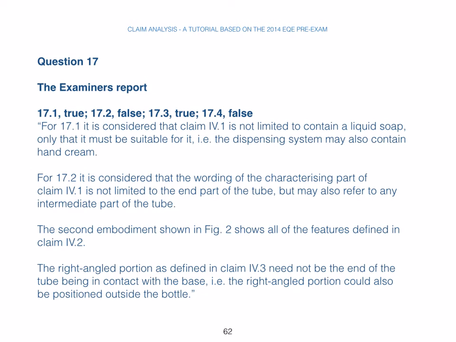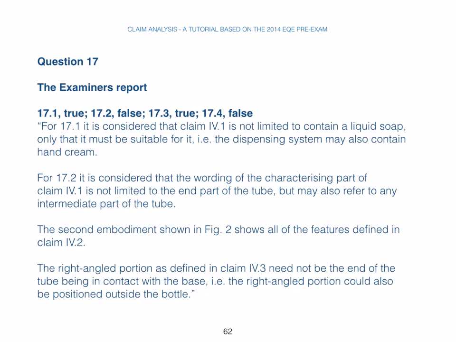The examiners say, for 17.1, it is considered that claim 4.1 is not limited to contain a liquid soap, only that it must be suitable for it, i.e., the dispensing system may also contain hand cream. For 17.2, it is considered that the wording of the characterizing part of claim 4.1 is not limited to the end part of the tube, but may also refer to any intermediate part of the tube.